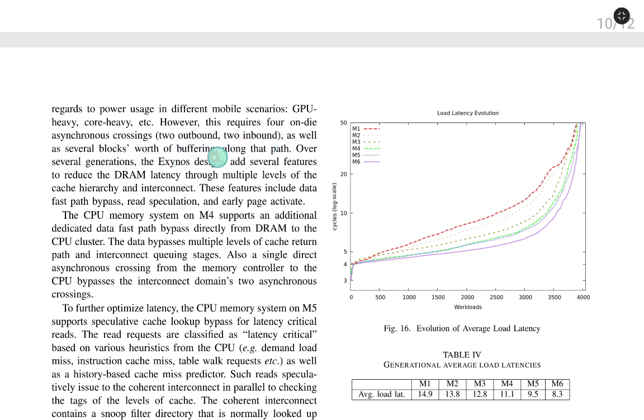The Exynos designs add several features to reduce the DRAM latency through multiple levels of the cache hierarchy and interconnect. These features include data fast path bypass, read speculation, and early page activate.